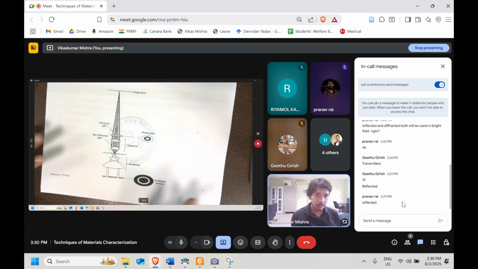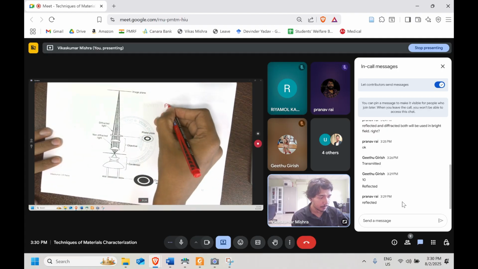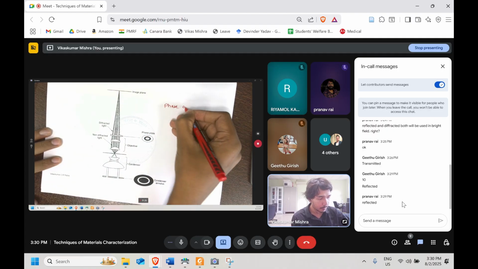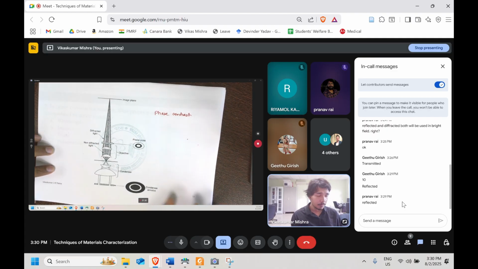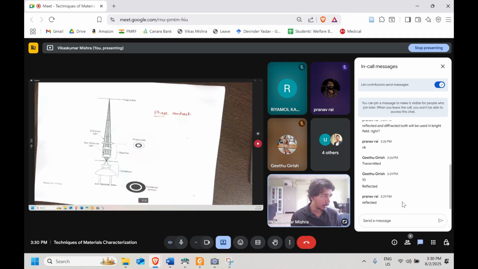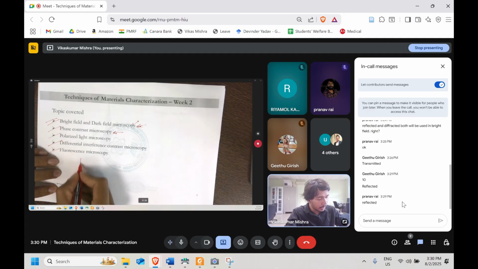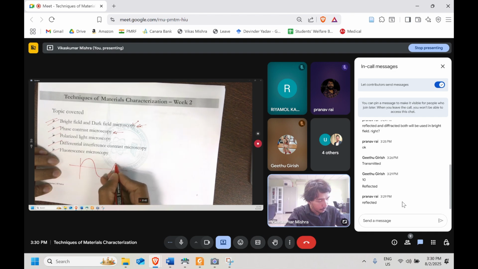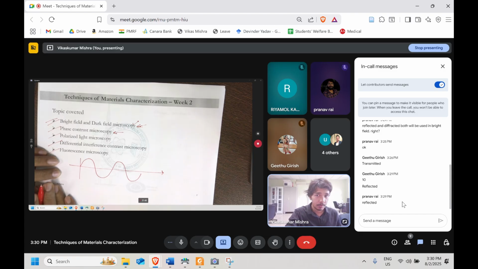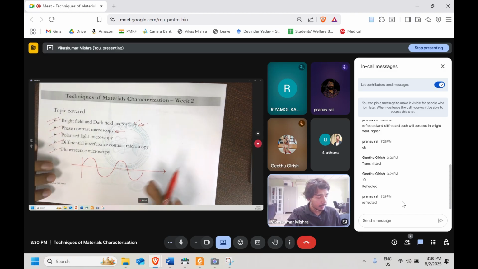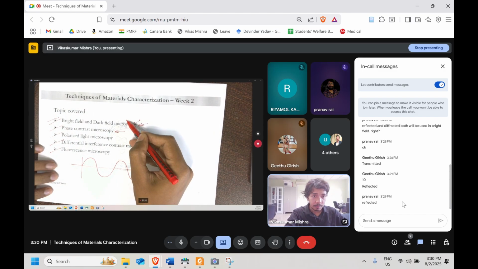So now the phase contrast. We know that all the waves that are there, let us say this is my initial wave. Let's talk about the dark field.